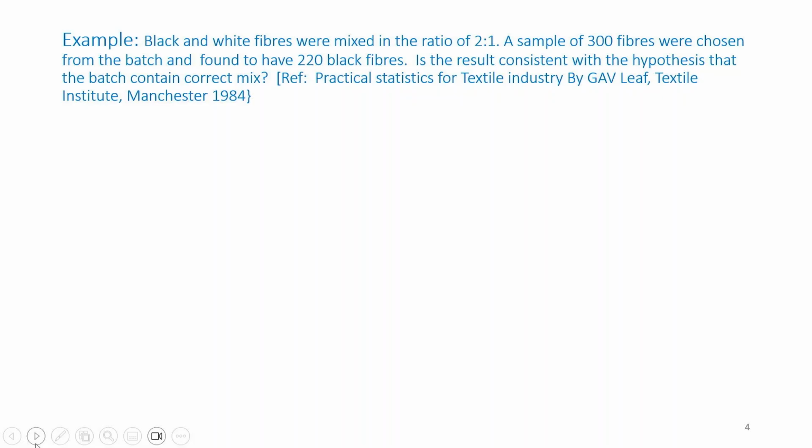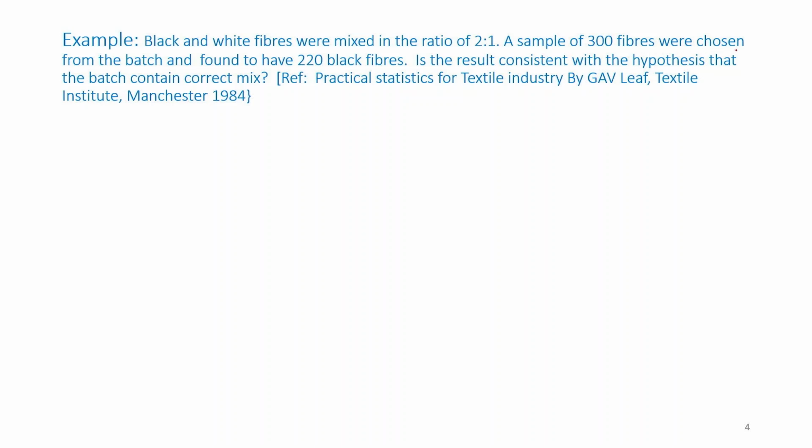Like if we want to produce a gray shade, we have to mix black and white in certain proportions. So in the textile industry, for spinning different types of shades, many times we mix fibers of different colors. Now let's say we are mixing black and white, and the ratio is 2:1.